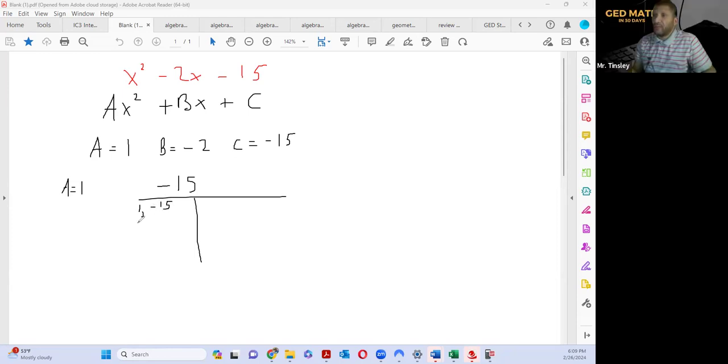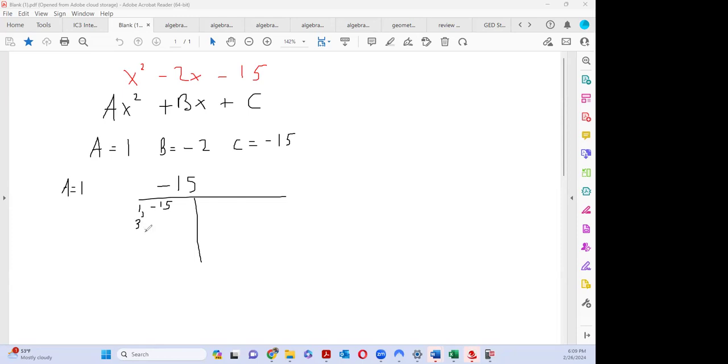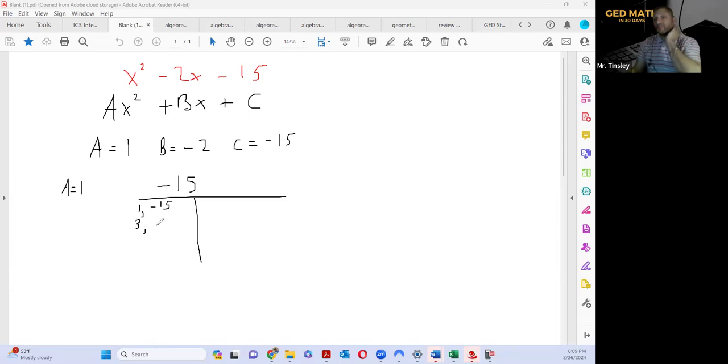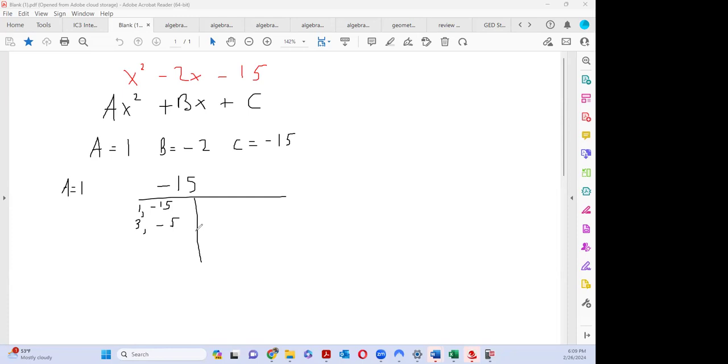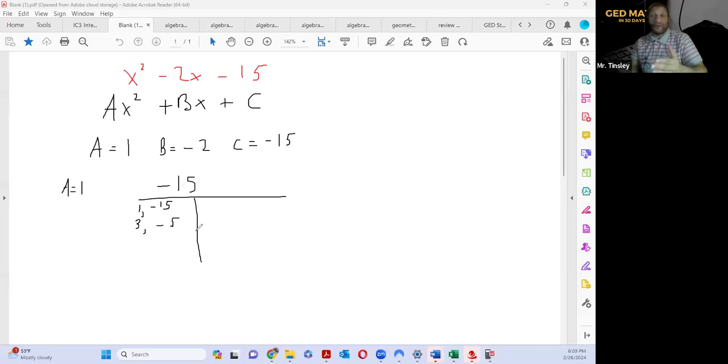Not hard at all. 2 does not go into 15. 3 does go into 15. 3 times what will give you -15? -5. 4 doesn't go into 15. 5 goes into 15. So we've already got all our factors of 15: 1, 3, 5, and 15.